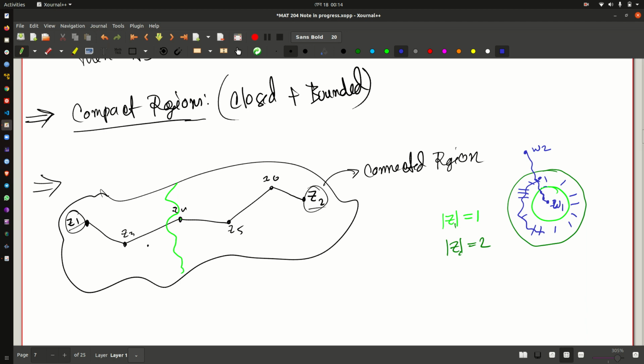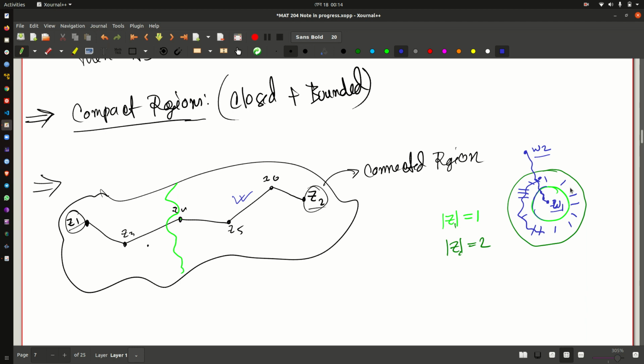So we cannot join them with the help of these broken lines like this, and hence they are disconnected with each other.